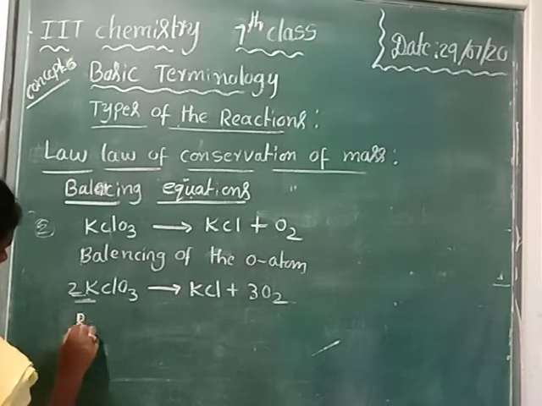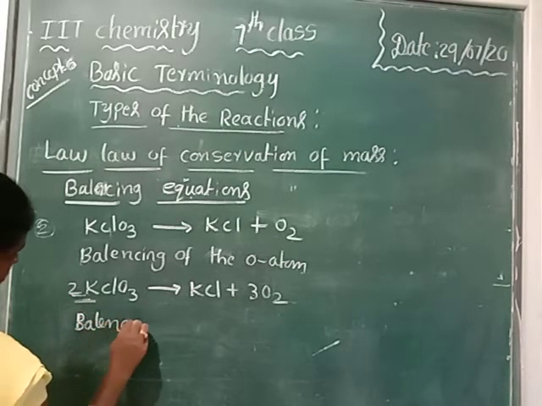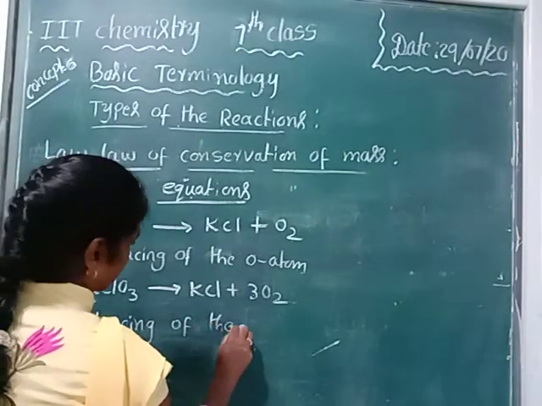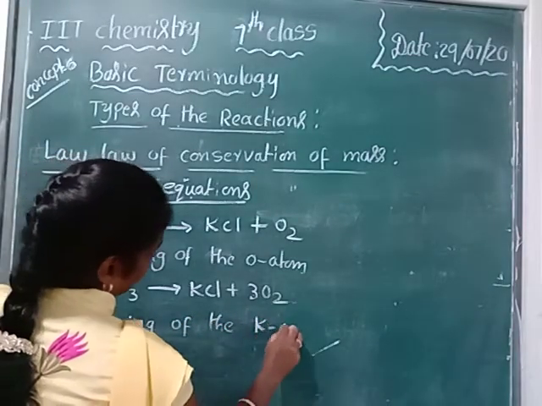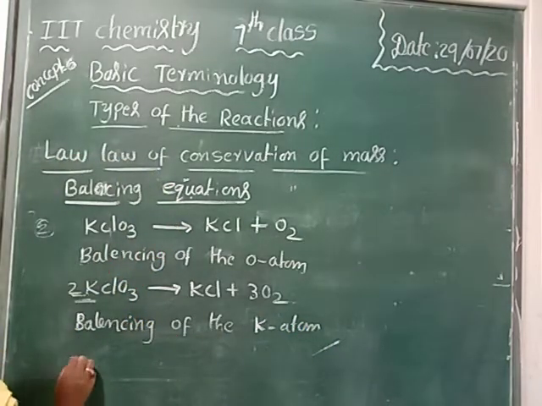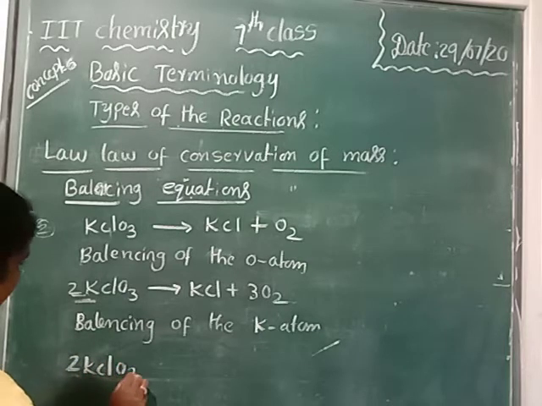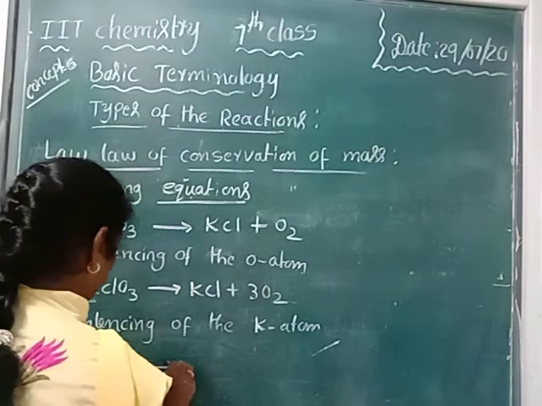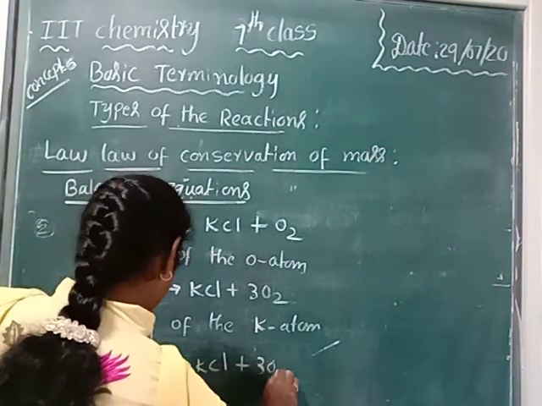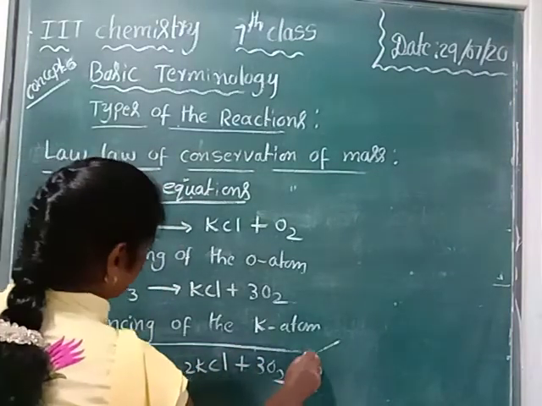Next you balance potassium. Balancing of the potassium atom. How do we balance here? 2KClO3 gives 2KCl plus 3O2. Now is it balanced or not? This equation is balanced.